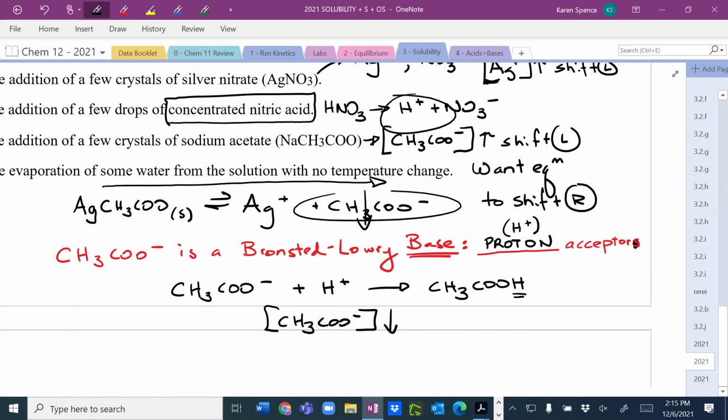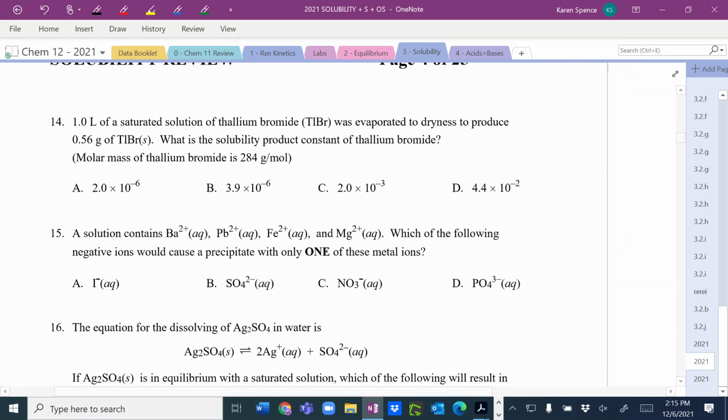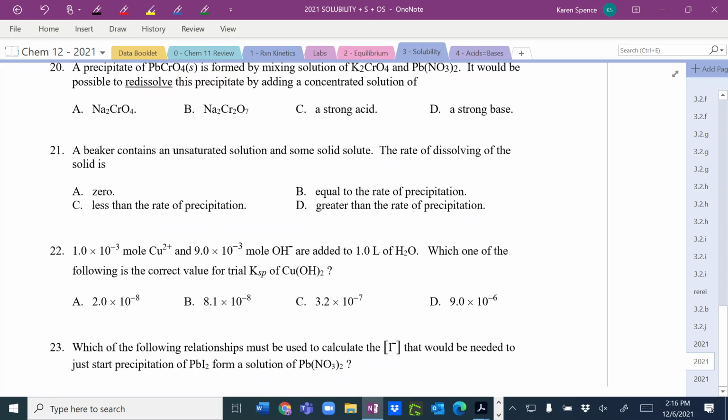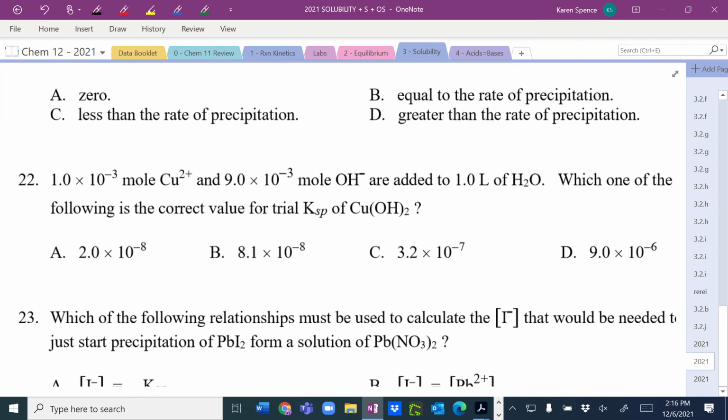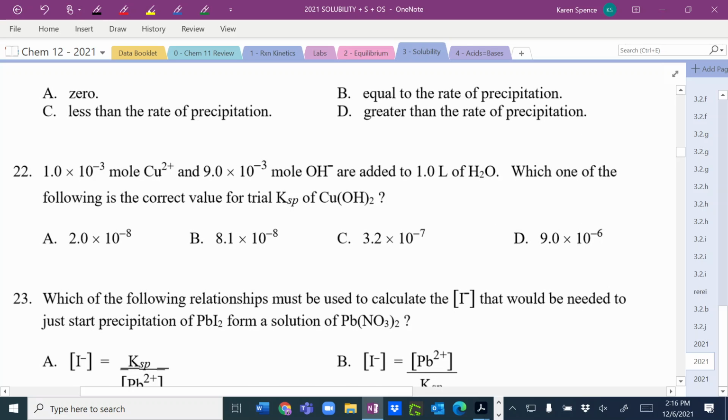Okay, number 22. So we have 1 times 10 to the negative 3 moles of Cu2+ put into 1 liter of water, and OH- is also in 1 liter of water.